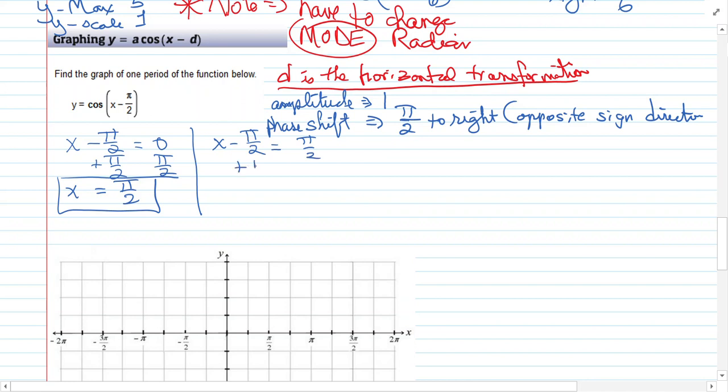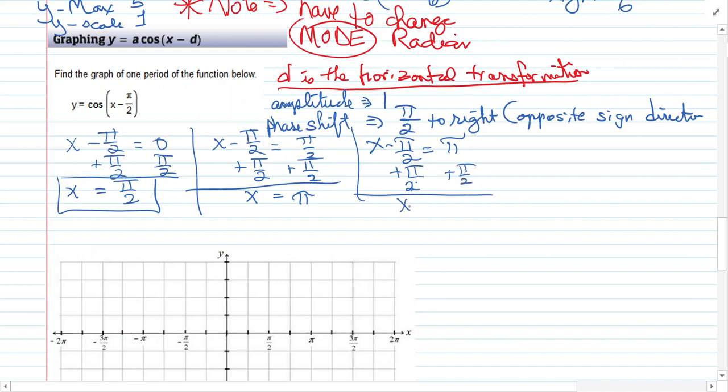I'm going to add pi halves and I'm going to get x equals pi. Then I'm going to have x minus pi halves equal to pi, so I'm going to add pi halves, and I'm going to have x equals 3 pi halves.